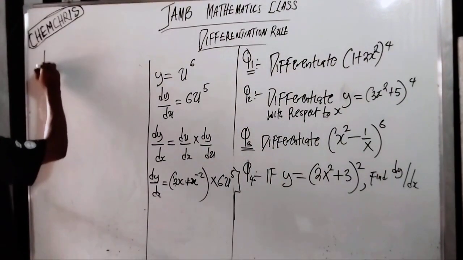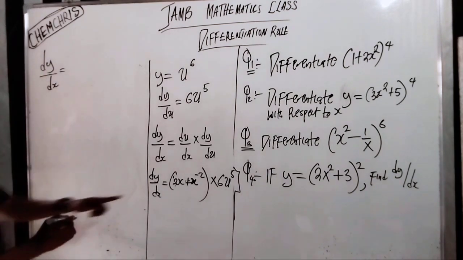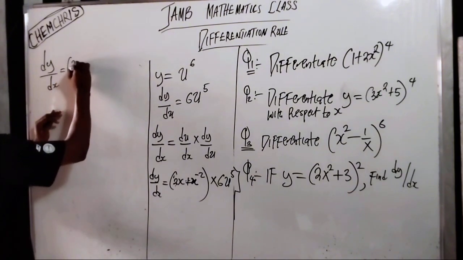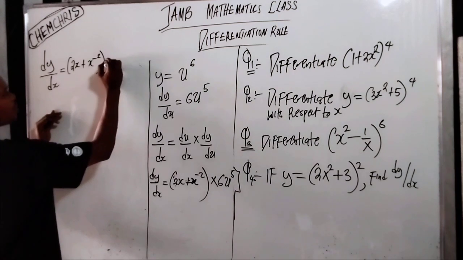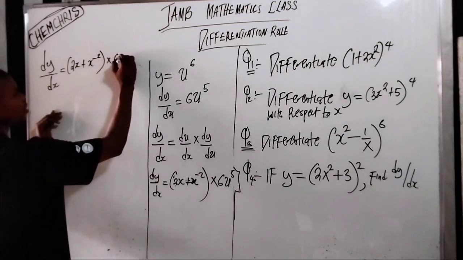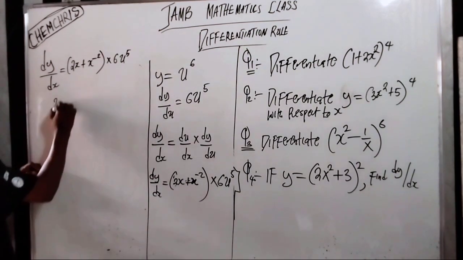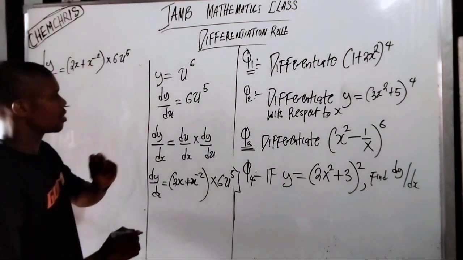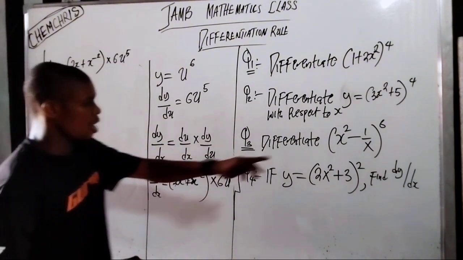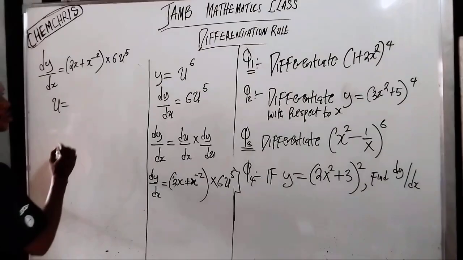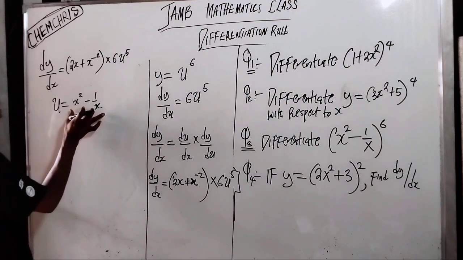I have dy over dx equals 2x plus x raised to the minus 2, times 6u raised to 5. Recall, what is my u again? Remember, my u is x squared minus 1 over x, right?